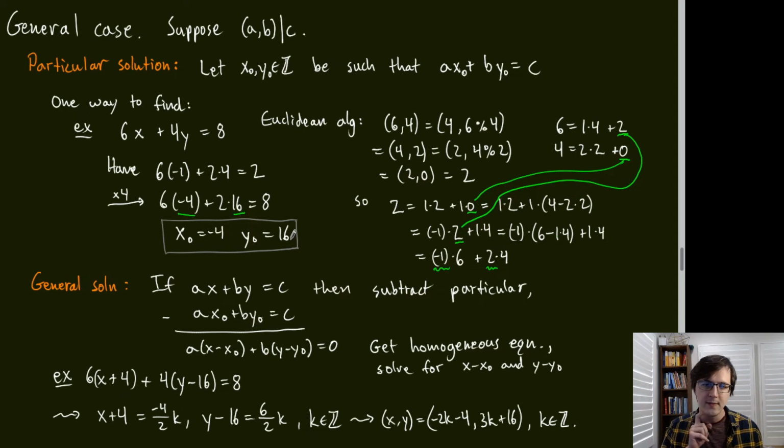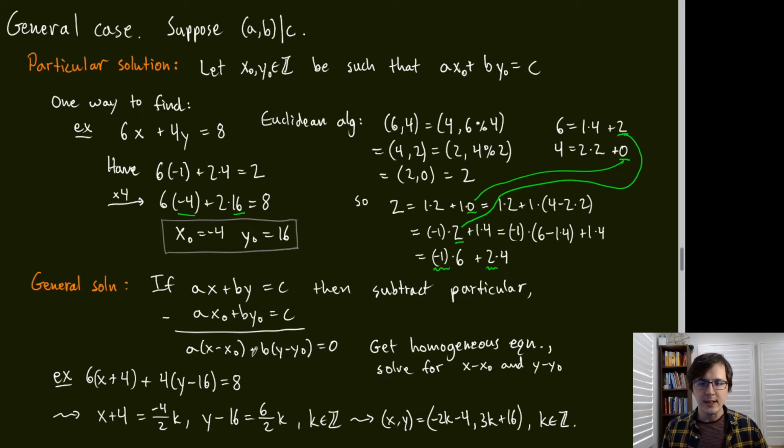Okay, so now we have the particular solution, and now we want to see how we create the general solution from that. And just like in linear algebra, if you happen to have a solution to one inhomogeneous equation and you subtract another solution, then you get a solution to the homogeneous equation, where the difference in the x's is the first x and the difference in the y's is the second y.